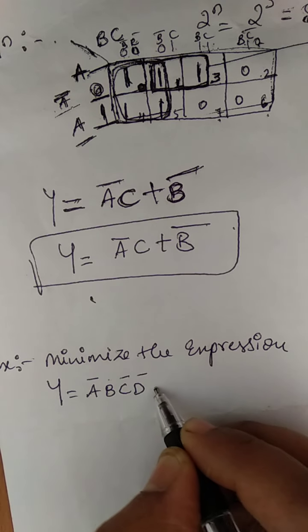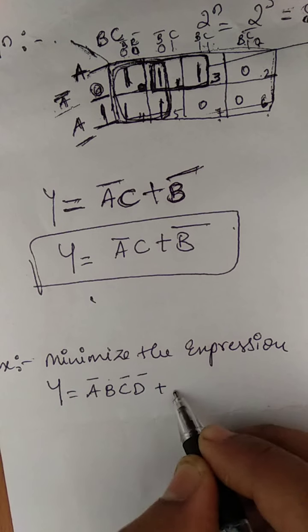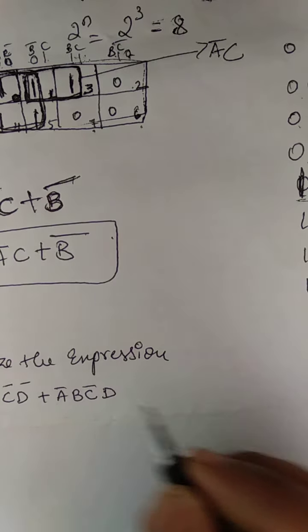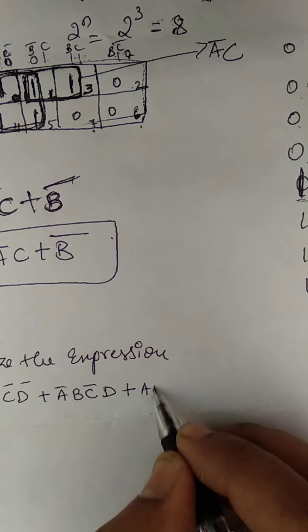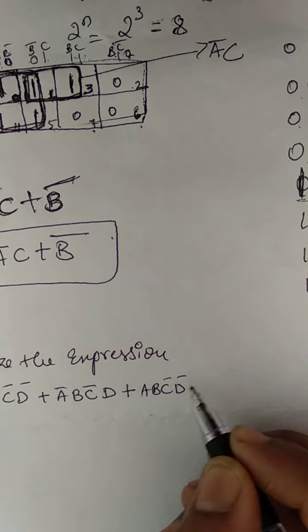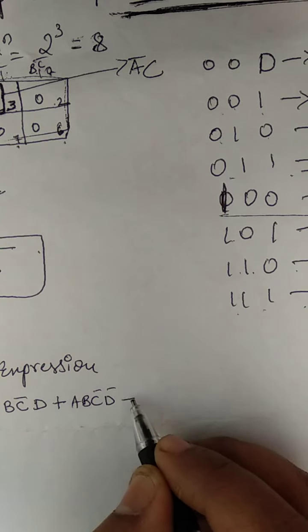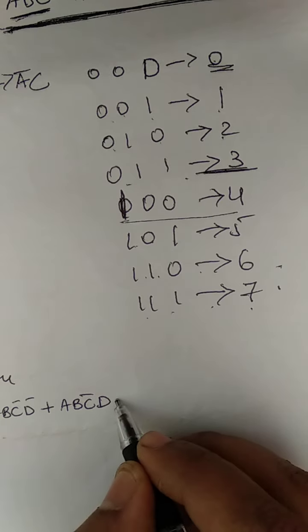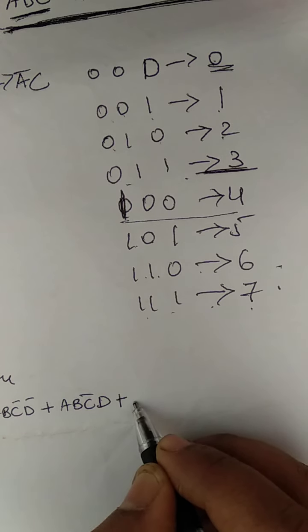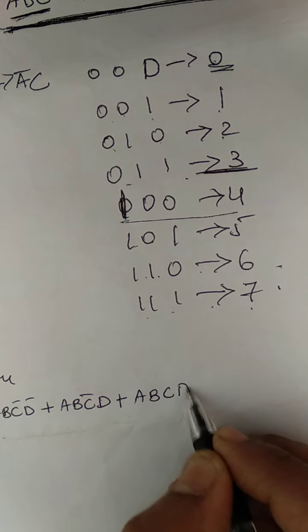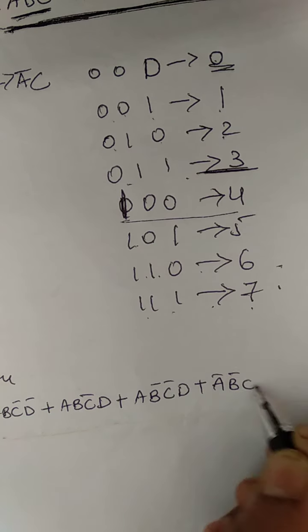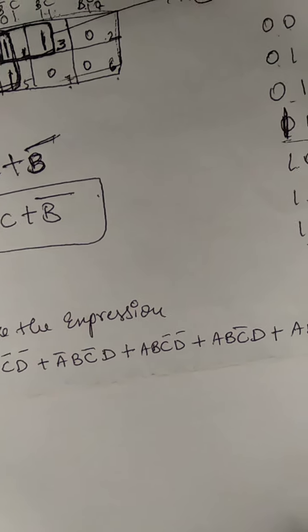So C bar D bar plus A bar B C bar D plus A B C bar D bar plus A B C bar D and plus A B C, then A bar B bar C D bar. So this is the expression for 4 variable.